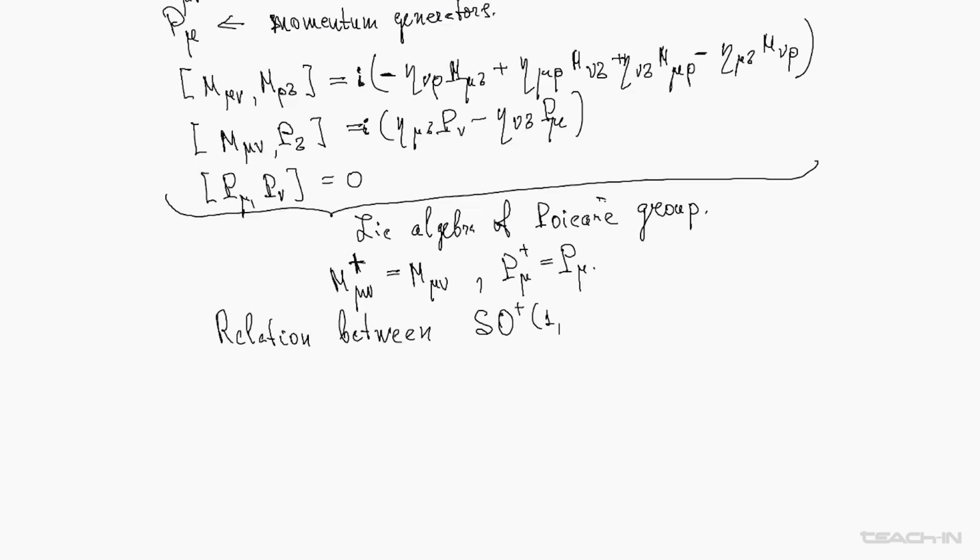Orthochronous means that these transformations preserve the direction of time, which is stressed by writing this plus in the definition of SO plus (1,3). So let me explain how these two groups are related.